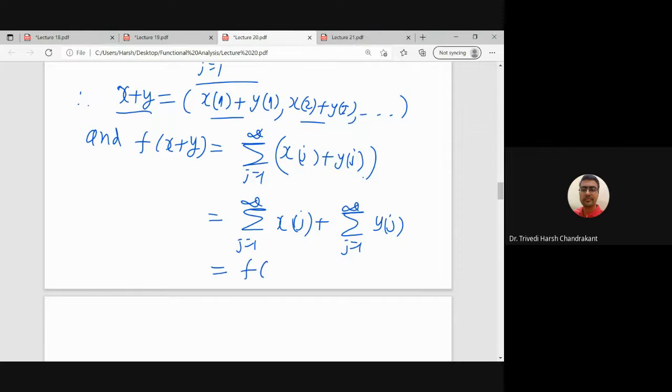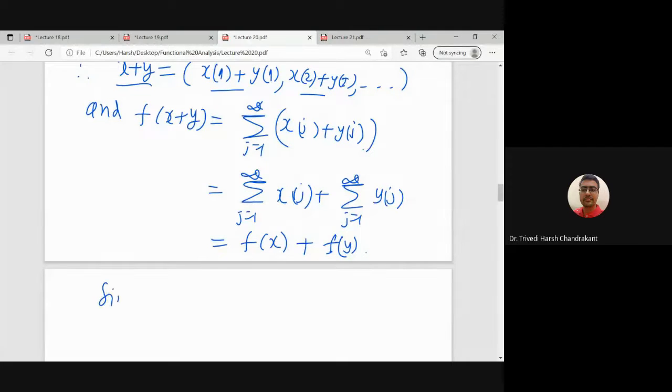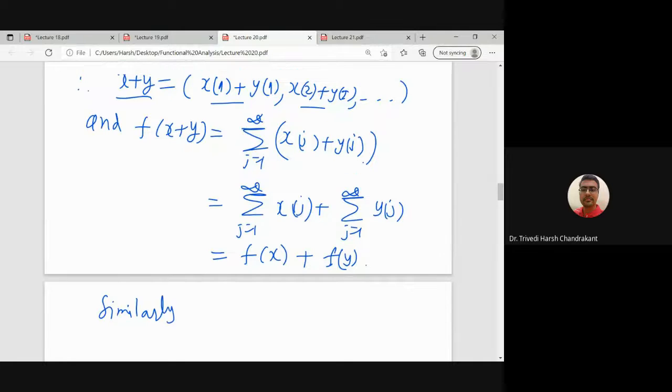And then we know that this is nothing but f of x, and this is nothing but f of y. So f preserves addition. And similarly, f of alpha x is alpha f of x. So it preserves the scalar multiplication.